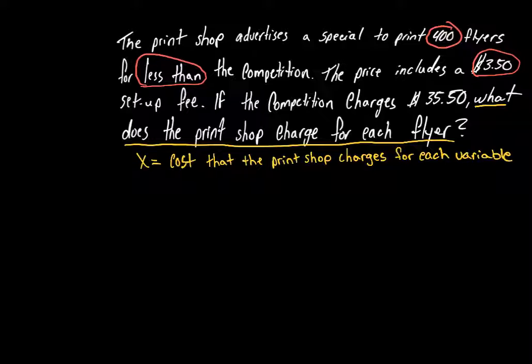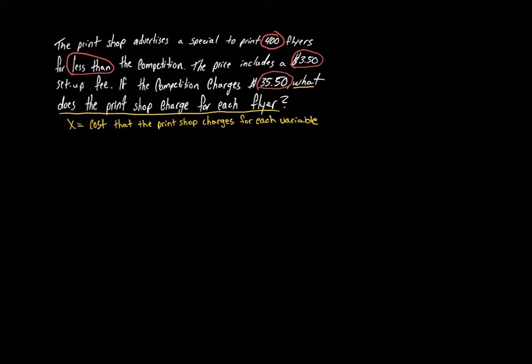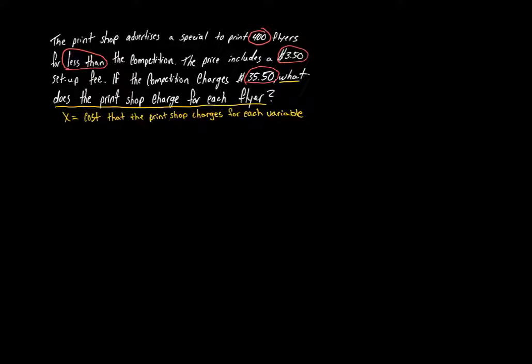If the competition charges $35.50, what does the print shop charge for each flyer? So now I have all the information I think that I need out of this word problem. So I'm going to move this over here, and I'm going to make a little list of what I have. I have 400. I have less than.